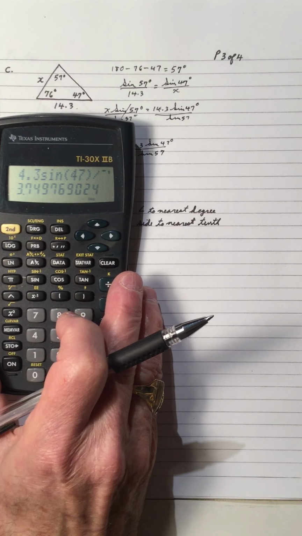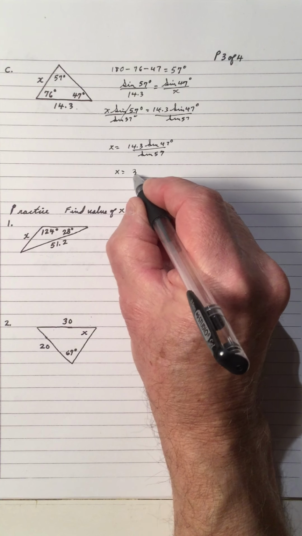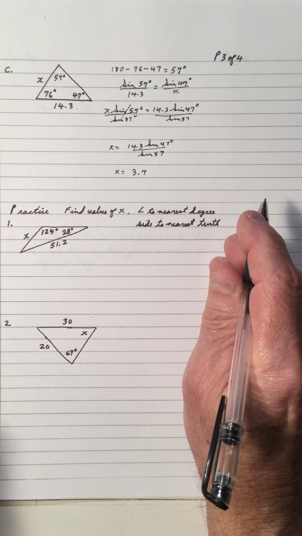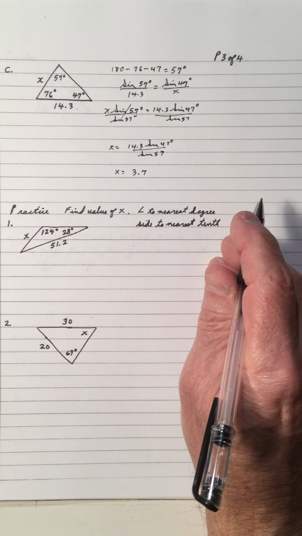And it's a 3.7. We've got to find length to the nearest tenth. 3.74, so it's 3.7. So that's working out the values of x using the sine law.